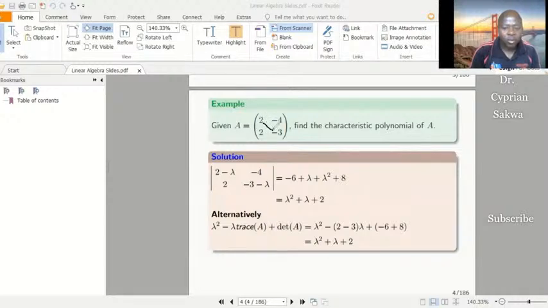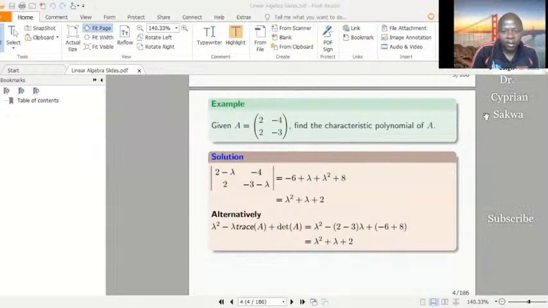That is 2 minus 3, times lambda. Then plus the determinant of this matrix. So what you would then have is negative negative lambda, which becomes positive lambda. And then this one gives you positive 2. So that is the other way you can do it.